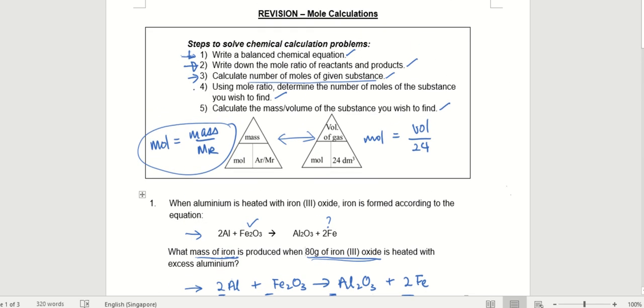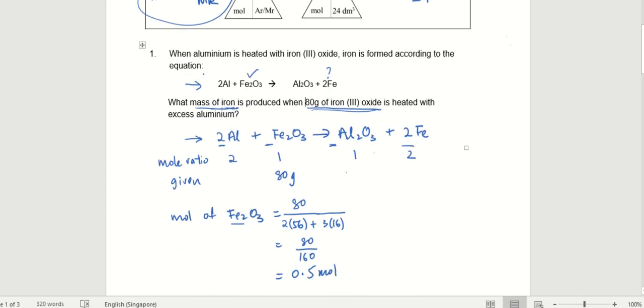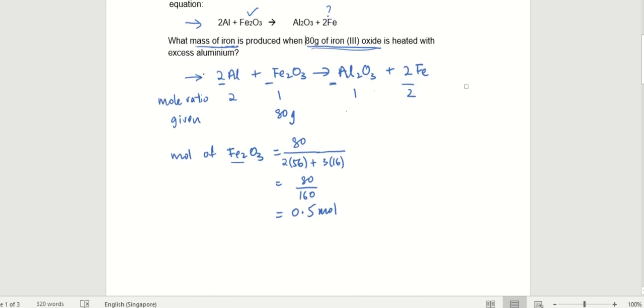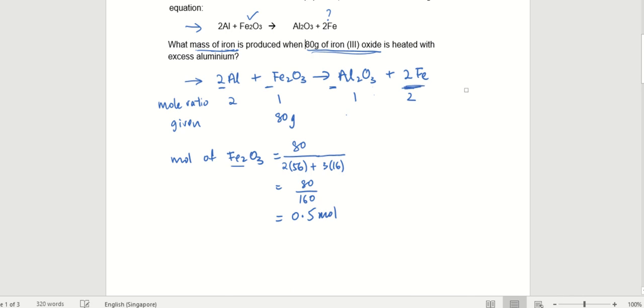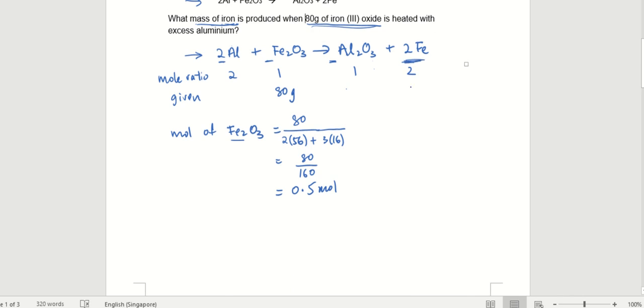We have now calculated the number of moles of the given substance. We now do step 4. Using the mole ratio, determine the number of moles of the substance you wish to find. Now we wish to find iron, which is the product. Looking at the mole ratio of iron trioxide to iron, we can see that it is 1 to 2.